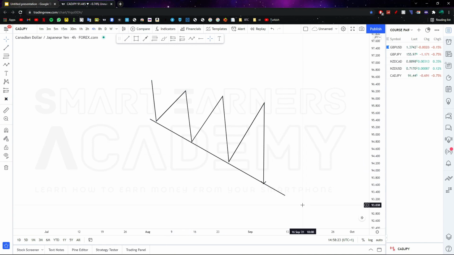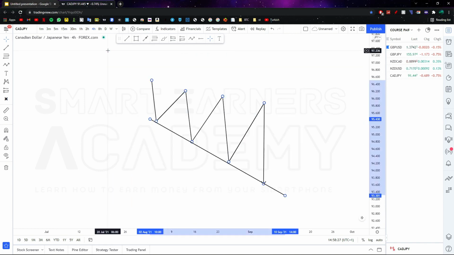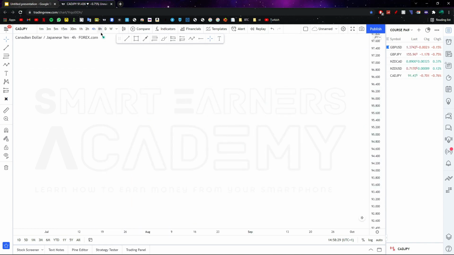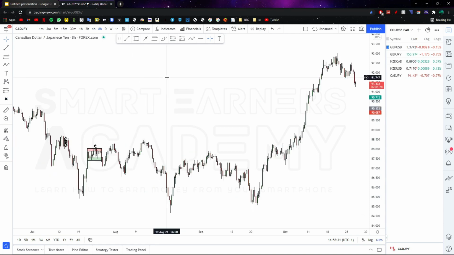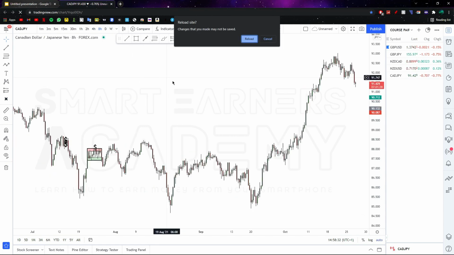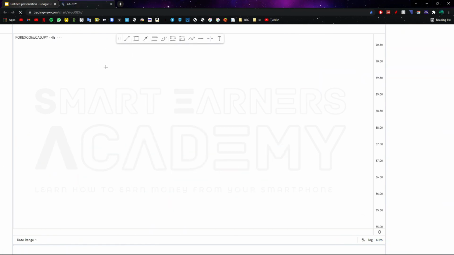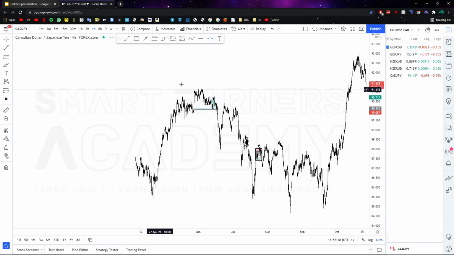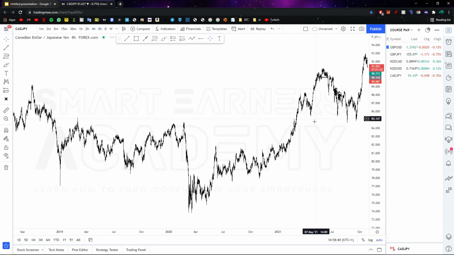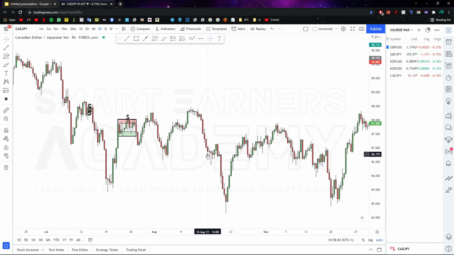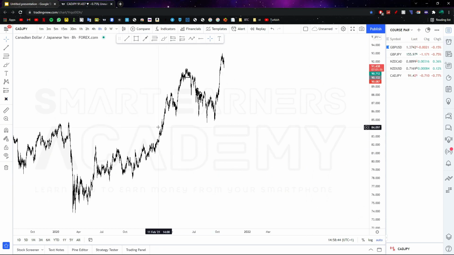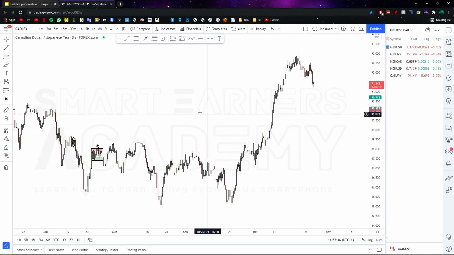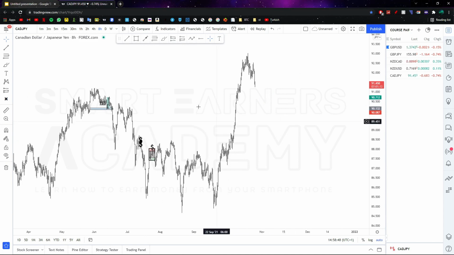But the main thing you want to keep in mind is you want to use the trend lines as liquidity, but only on the lower time frames. Because on the higher time frames, trend lines can be used as a direction whether to buy or sell, in terms of using it for your order blocks.